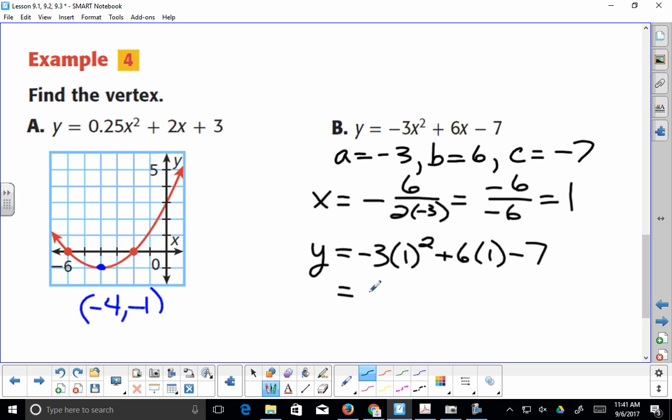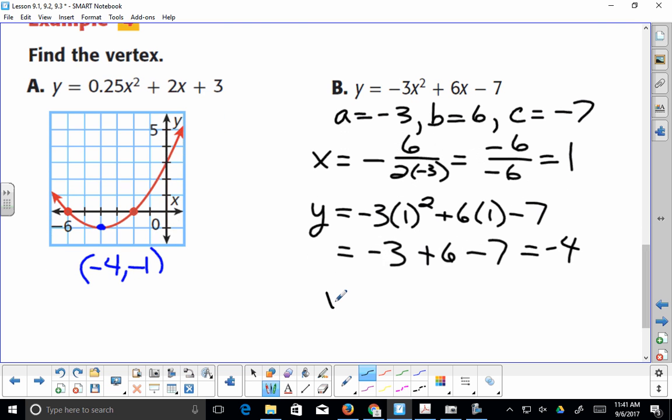So this is -3 plus 6 minus 7. So 3 minus 7 is -4. So my vertex is the point 1, -4. All right? So x equals 1 would be the axis of symmetry, and -4 would be my max value, right? Because this one opens down because a is negative. All right? So if I needed that information, I have it.